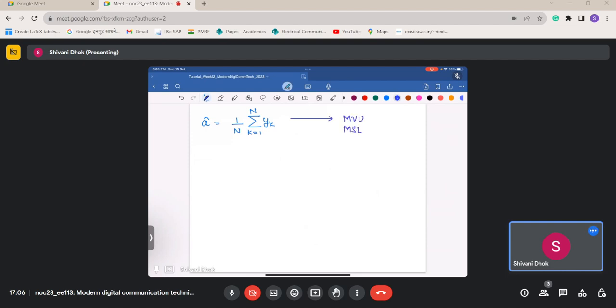MSE is equal to sigma square by N. Again, this goes to 0 as my N tends to infinity, which says that it is a quite good estimate. So as my data is increasing, I'm getting estimation error as 0. Okay, and its MSE is equal to this, and this is an efficient estimate.